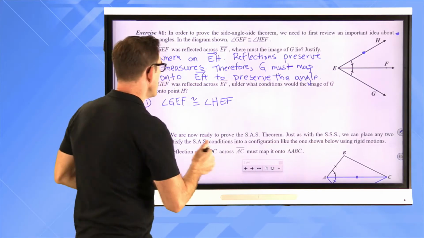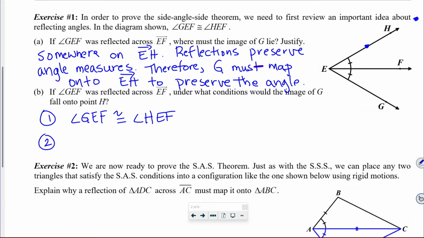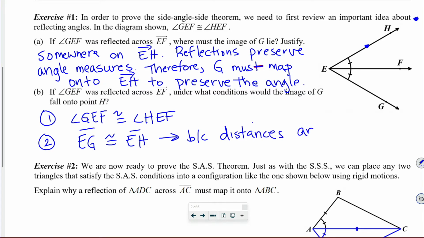But the other thing that would have to be true is that EG would have to be congruent to EH, because distances are also preserved under reflections.